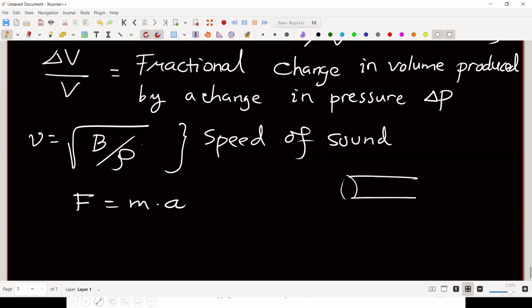So if we have a cylinder, this one is A, and then volume is A times delta x, right?